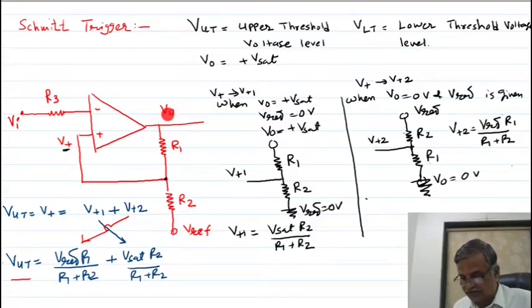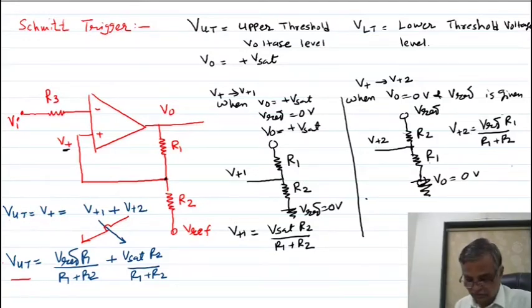First this is kept at plus Vsat, this is 0 volt. I have calculated this voltage, that I have written V plus 1. Second time I have kept this at 0 and here the voltage is given. So this voltage is V plus 2, and by adding the summation of these two, you can get the VUT.